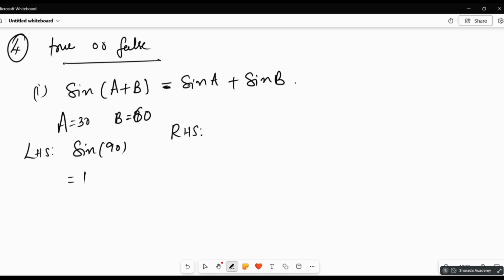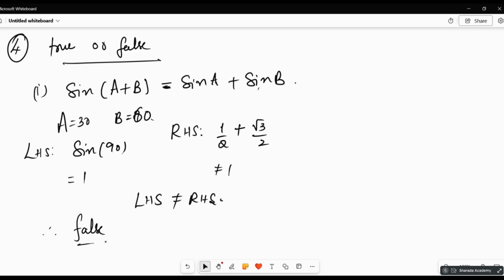RHS: sine 30 is 1 by 2, sine 60 is root 3 by 2, so this is not equal to 1. So LHS is not equal to RHS. So it is not true for all the values. Maybe for 1 or 2 values it is true, but not for all the values. Therefore, it is false. Whenever you are not able to understand directly, put some values and try.